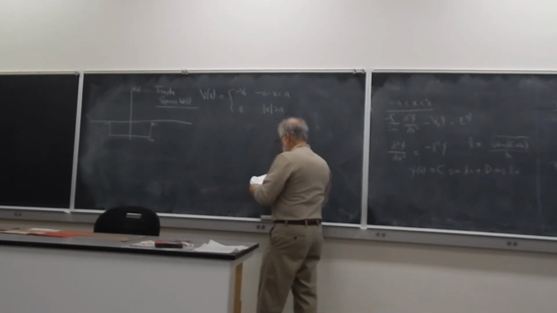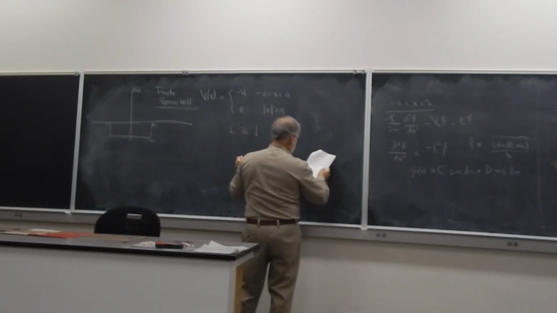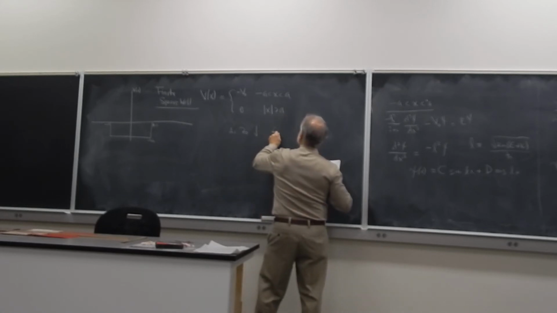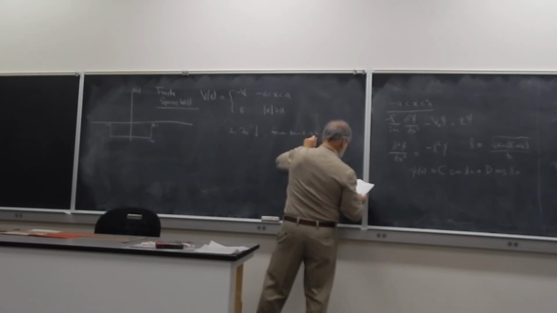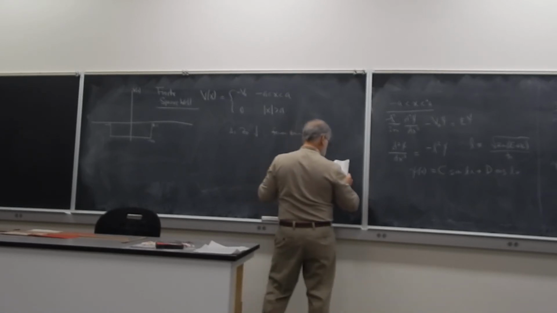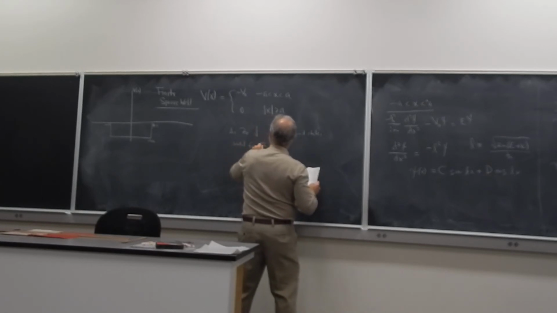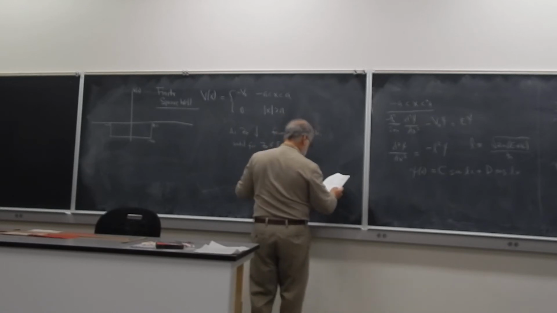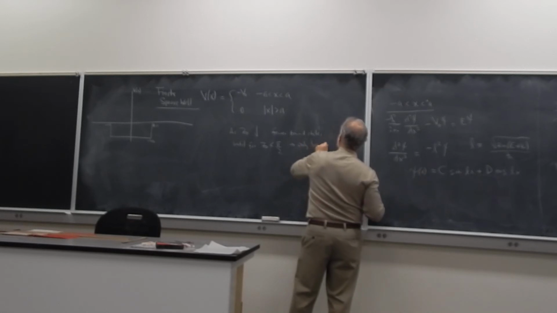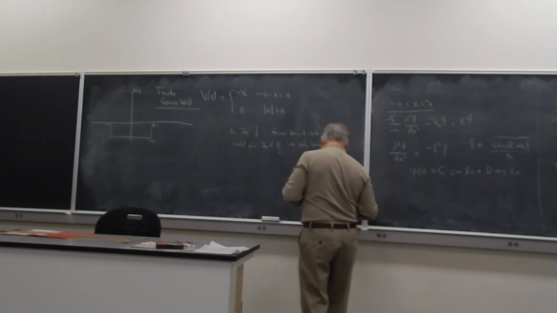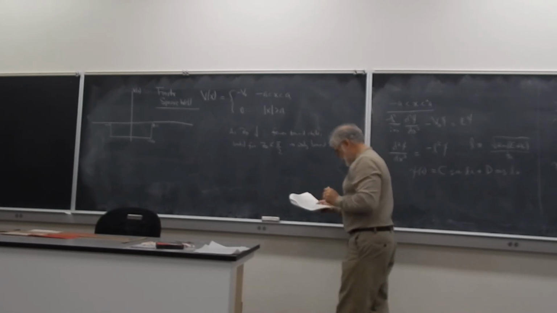In the case of a shallow, narrow well, as Z0 decreases, you'll have fewer bound states, until, for Z0 less than pi over 2, you get only one bound state remaining. Now, there will always be at least one bound state, regardless of how deep the well is.